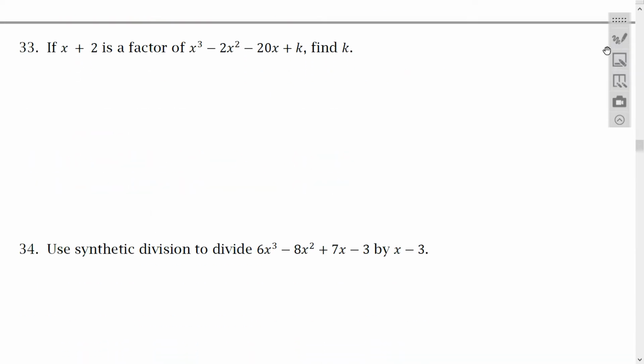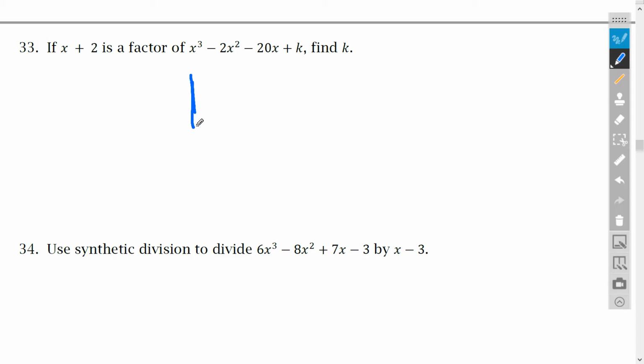If x plus 2 is a factor of x cubed minus 2x squared minus 20x plus k, find k. Well, all I need to do is make sure that the remainder is 0. So let me just set up the problem: 1, negative 2, negative 20, and k. I just have to make sure that this k value will cause the remainder to be 0. So I'll set up negative 2 because that's my 0. So 1, negative 2 times 1 is negative 2, and then add those is negative 4.